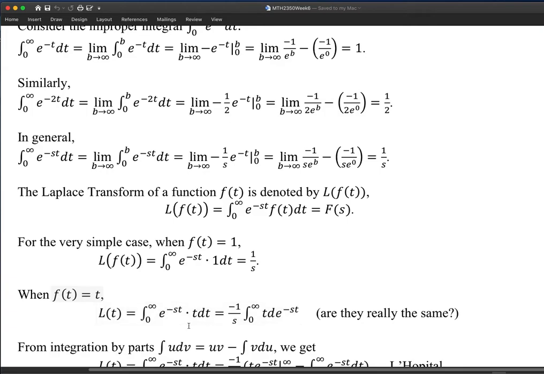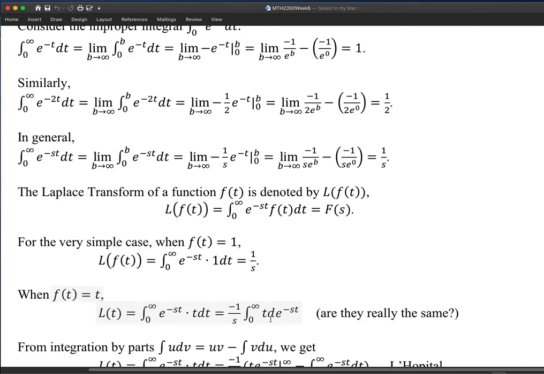If you wonder if they are really the same or not, I would suggest going backward. Take the differential of this exponential term, which would be the derivative times dt.